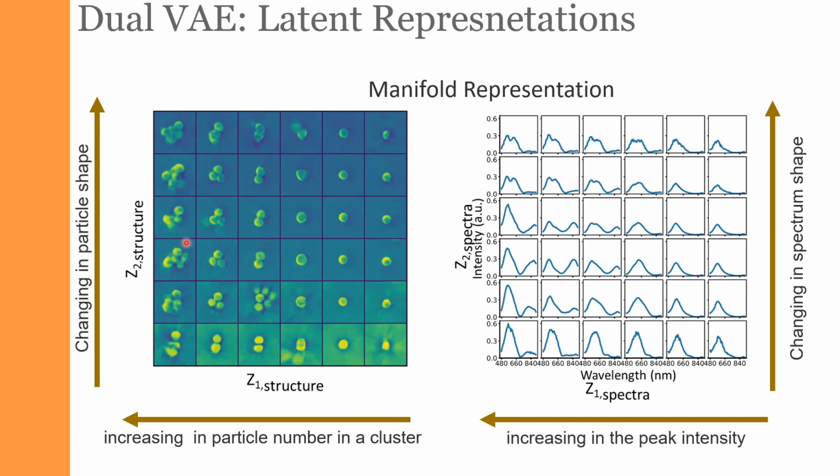More importantly, we start to have some idea about what happens in the vertical direction. For example, if we go from here to here, you see that the particle becomes more asymmetric, so these ones become triangular. If we look at the spectrum, we also see very clear, well behaved dynamics. We have the change in the spectral shape in one direction, and change in the intensity and appearance of an additional peak in the second direction.